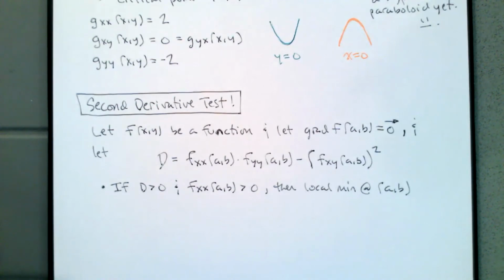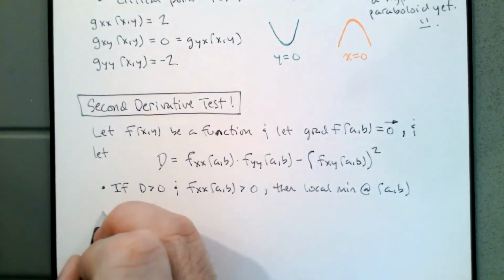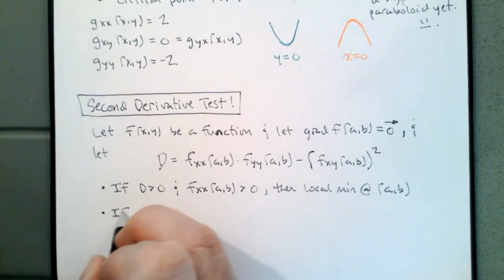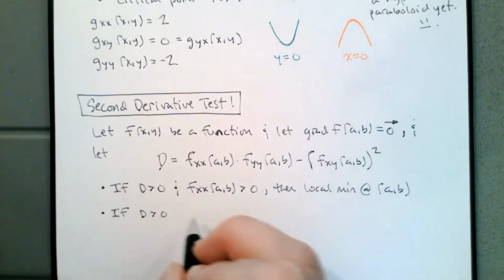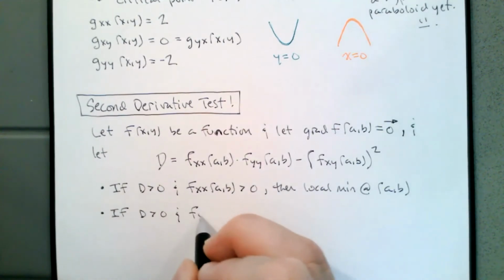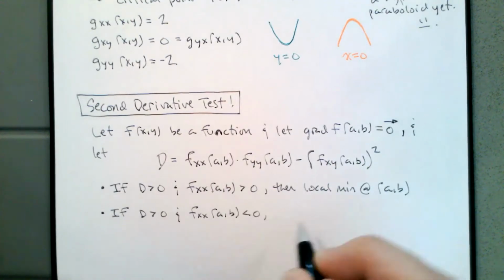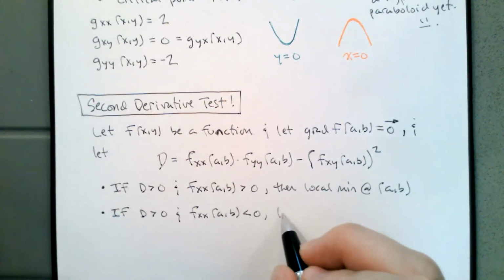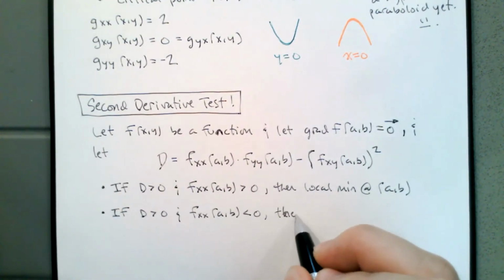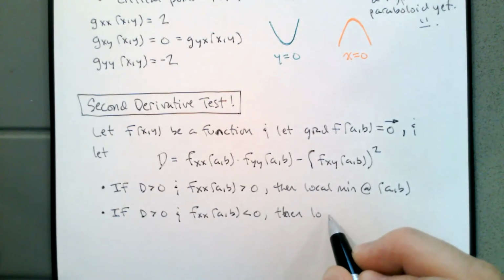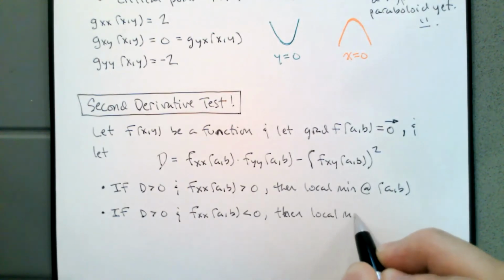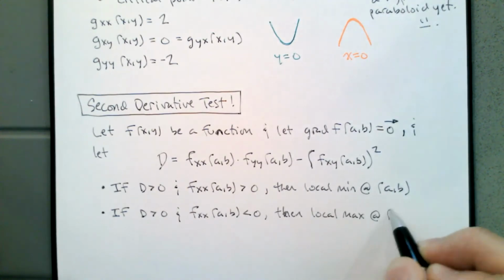Let's write down the next one: if D is positive and fxx at AB is negative, then we have a local maximum at AB.